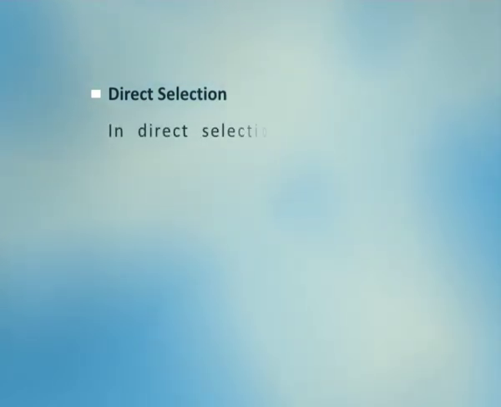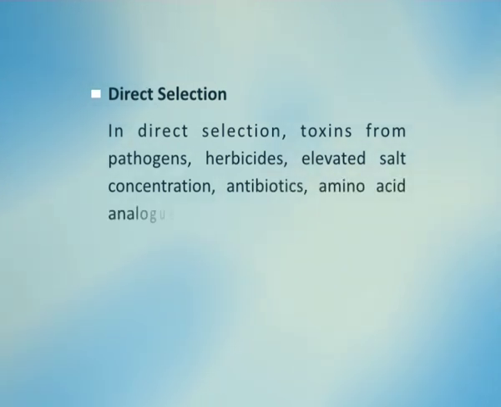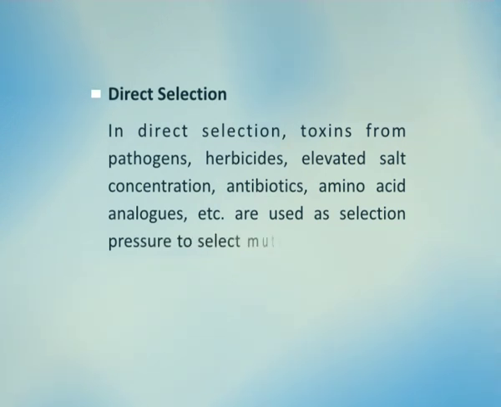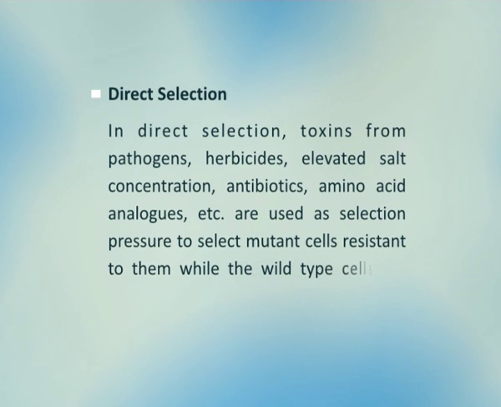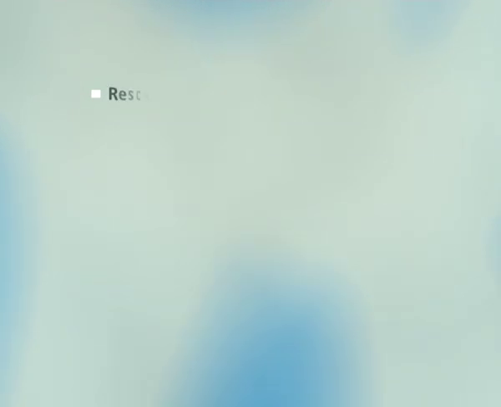In direct selection, toxins from pathogens, herbicides, elevated salt concentration, antibiotics, amino acid analogues, etc. are used as selection pressure to select mutant cells resistant to them, while the wild type cells are killed by the selection agent. The next is the rescue method.